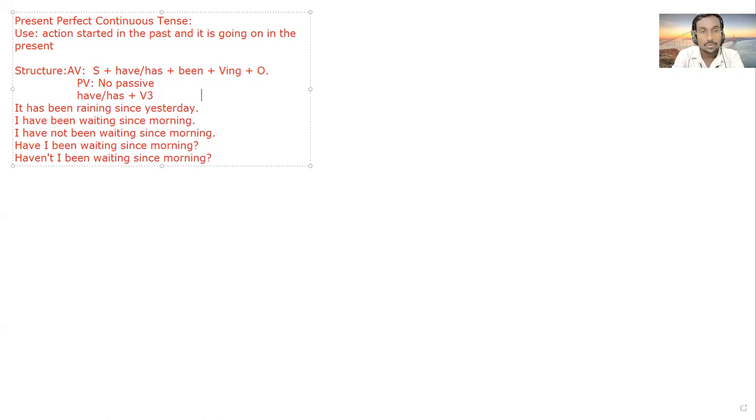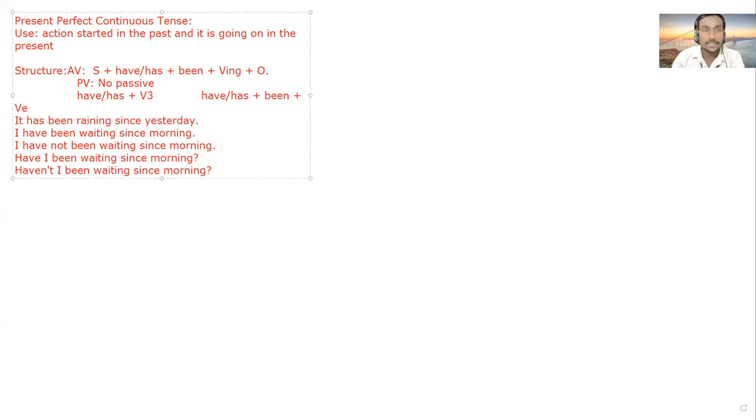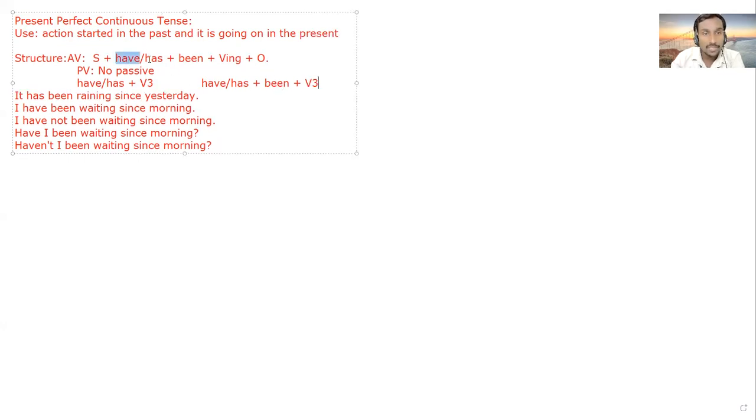And you'll come to know there is have, has, then there is been, and then there is v3. So you just check it, try to think it. So there are 3 structures with have and has. So first of all, you have to think about what comes after have and has. Here, after have has, it is been and V-ing.